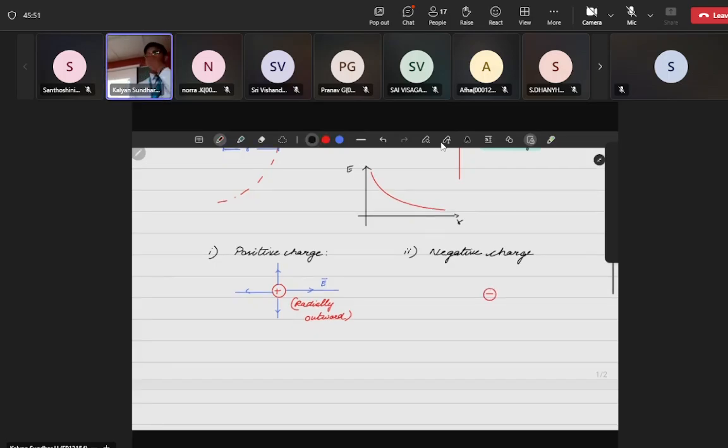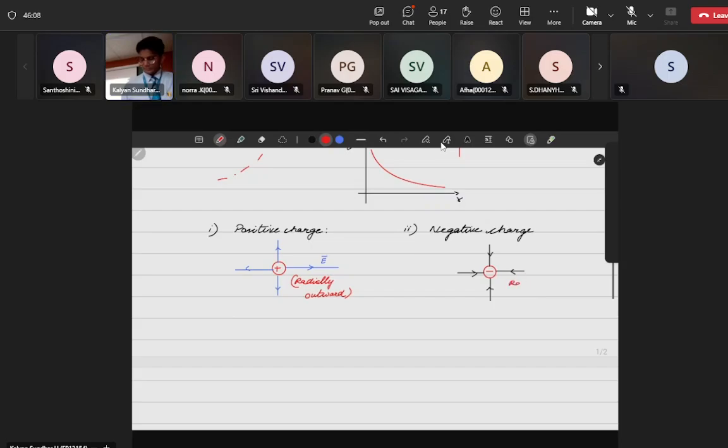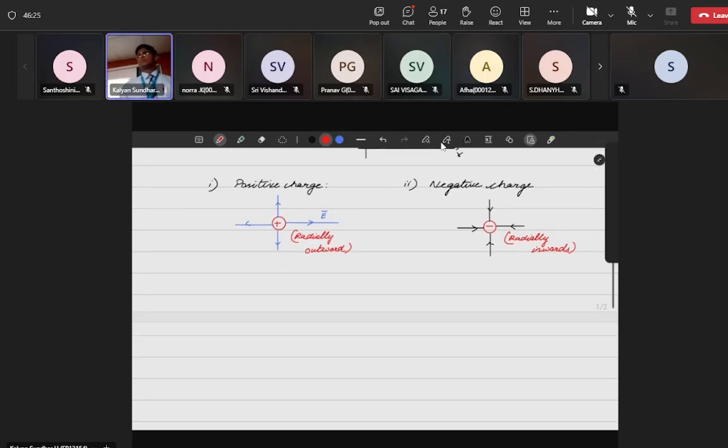And for a negative charge, which direction? So these lines denote the electric field. Right, sir? So for a positive charge, electric field lines will be radially outward, and for the negative charge, it will be radially inward.